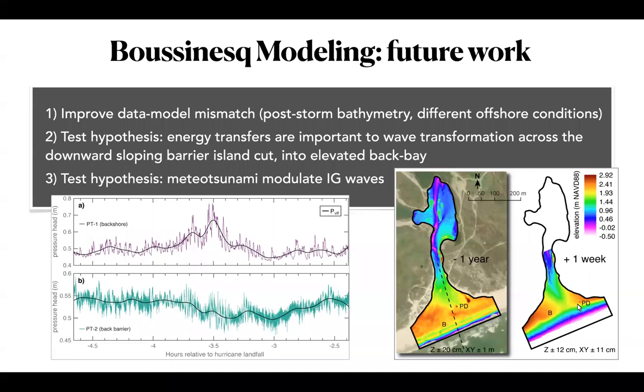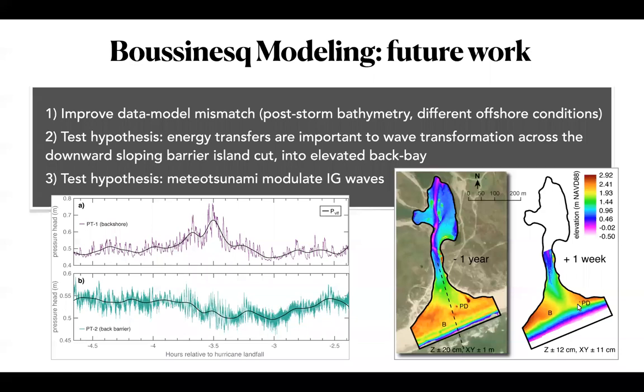And once I do that, I want to test a hypothesis that energy transfers are important to wave transformation across the downward sloping barrier island cut into a back bay with elevated water levels. This is one of my interpretations from the field data that I couldn't discuss today, but I think it's important and I'd like to model it.